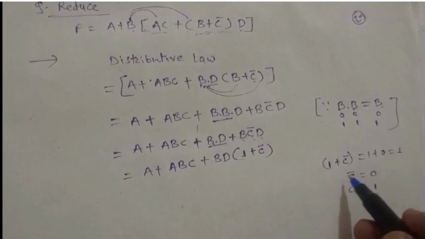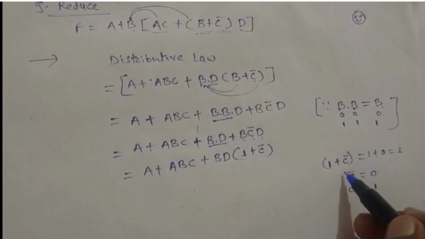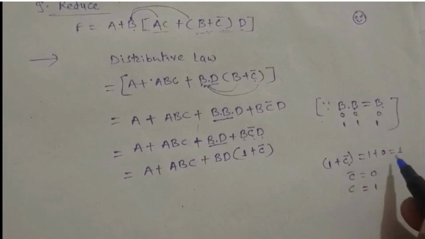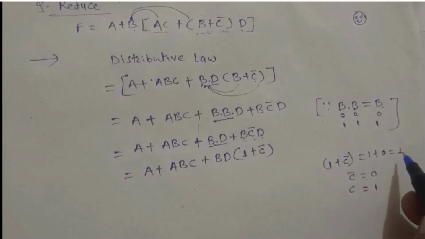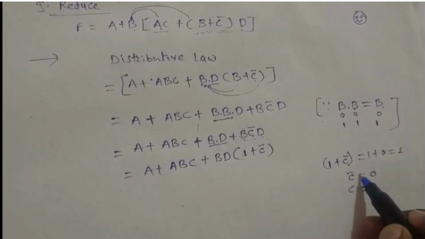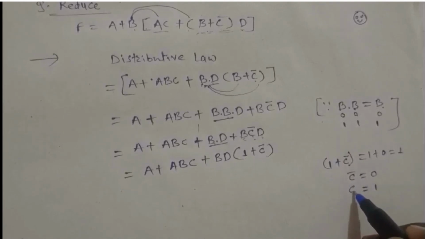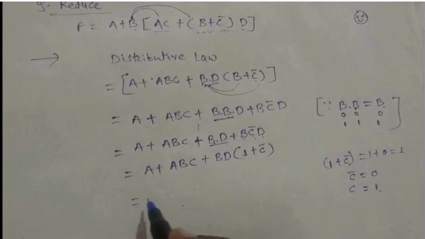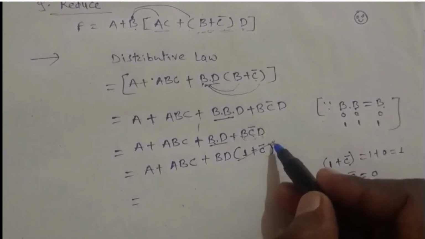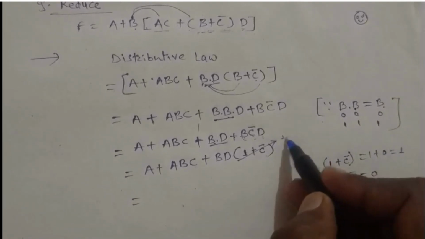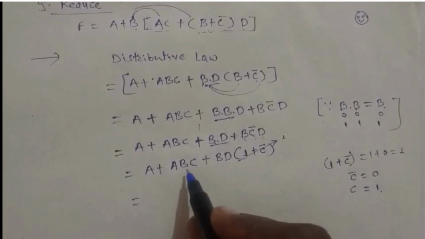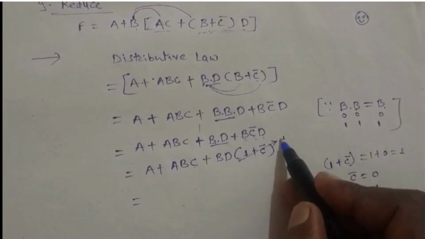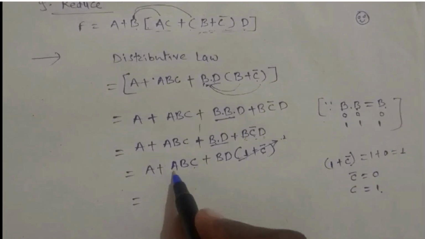Or we can also take this C bar as 1, it will also become 1. So consider C bar is equal to 0 and C is equal to 1. So the expression will become: this term will become 1 and this term will become only AB.